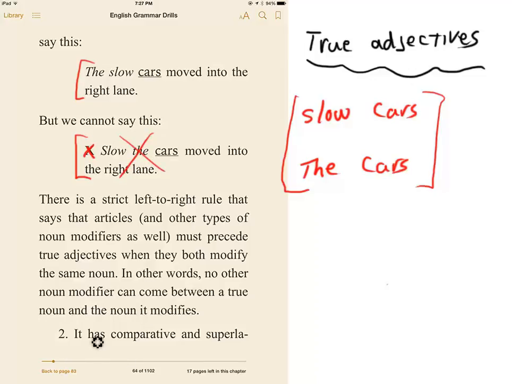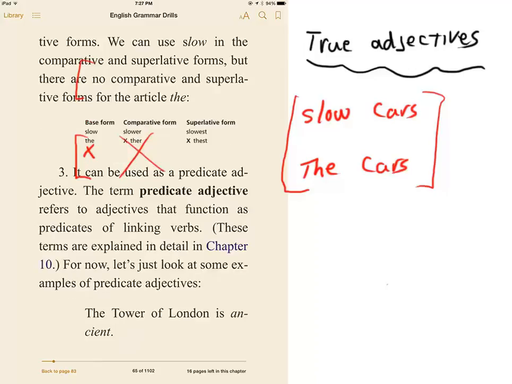Okay, then it also has a comparative and a superlative form. We already discussed what that meant up here, and they give it to you again. The base form slow, the comparative form is slower, and the superlative form is slowest. However, the article the does not have a comparative or a superlative form.